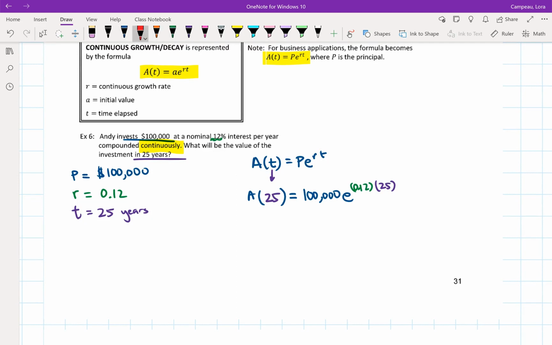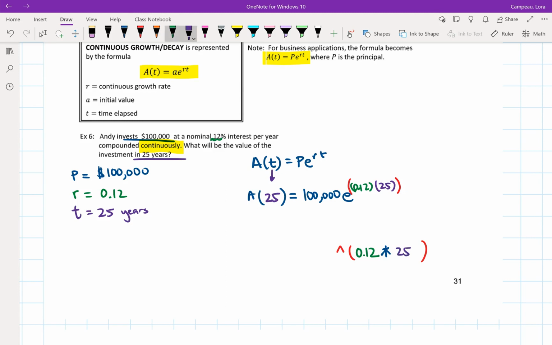Just keep in mind if you have maybe a TI-83, or if the TI-84 uses the caret key to represent exponents, you'll have to enclose your entire exponent expression inside an extra set of parentheses. So you probably would punch that in as 0.12, the multiplication sign, and the 25.